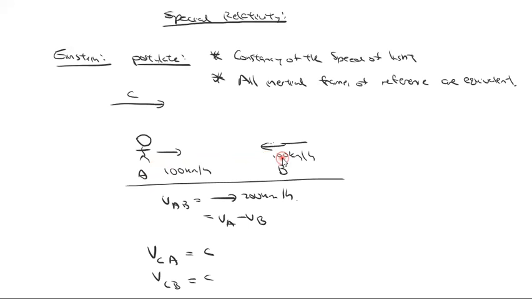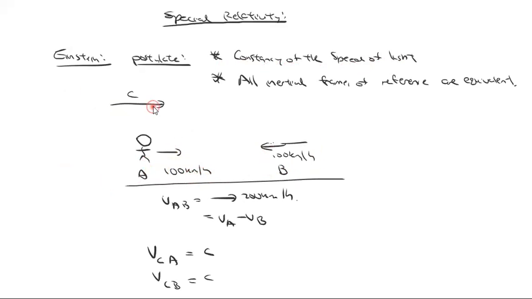Even though A is going to the right and B is going to the left, when they both look at a light ray passing by, they both see it going at 3 times 10 to the power of 8. That is what we mean by that postulate. It's not only that light speed doesn't change, which is also what we're saying, but more that it's not relative to how you move.